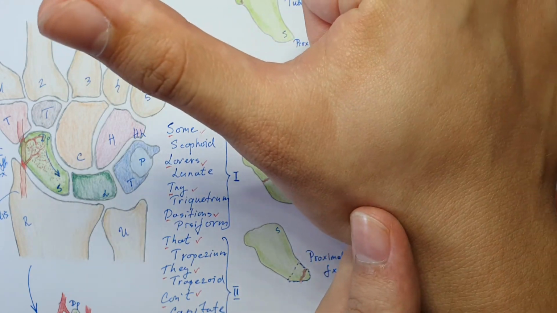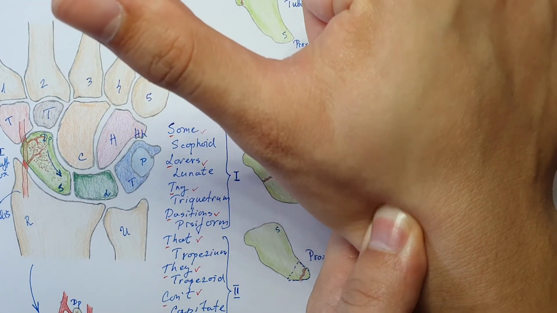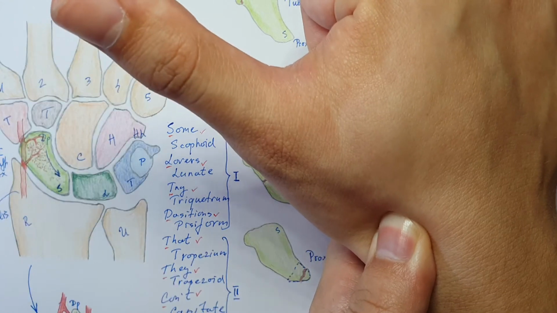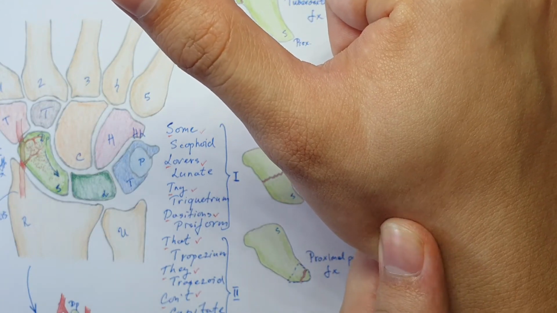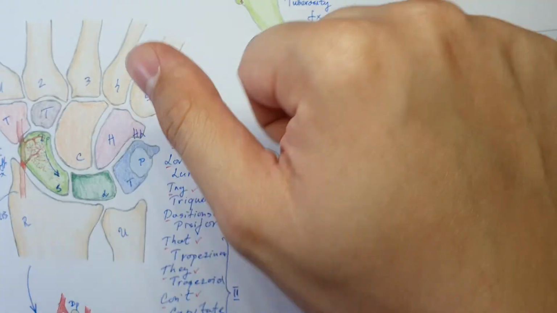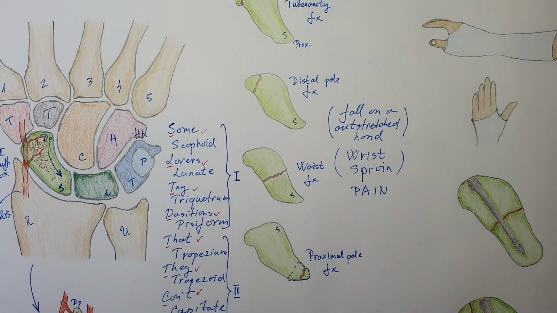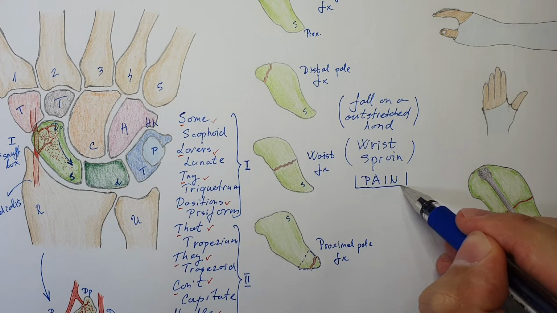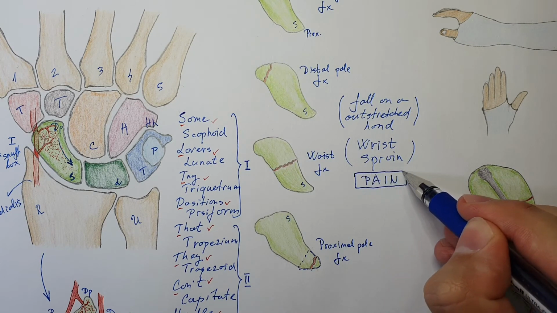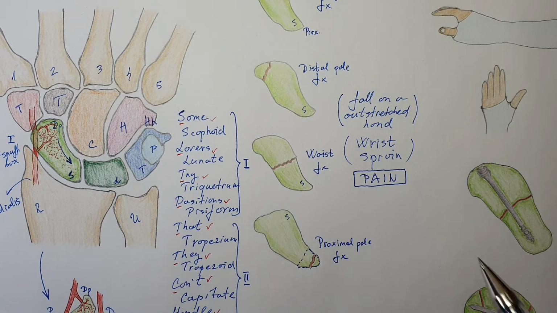And if you push into the snuff box, normally, if there is no problem, you will feel no pain. But if someone has a scaphoid fracture, they will feel pain. So if there is pain in the anatomical snuff box, you need to rule out a scaphoid fracture.